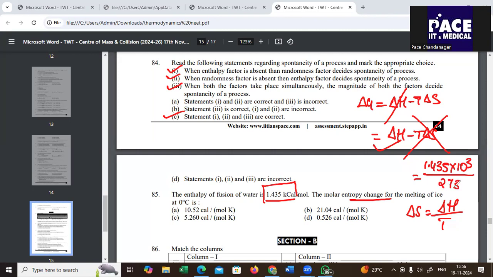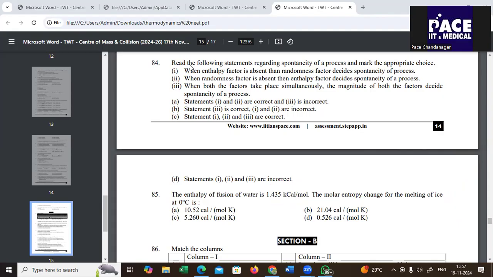So if you do this, the answer is going to be 5.26. Moving on, delta S is equal to delta Q by T or delta H by T. In this case it is also delta U by T, Q by T. It's nothing but the enthalpy of fusion of water. Okay, next, moving on.